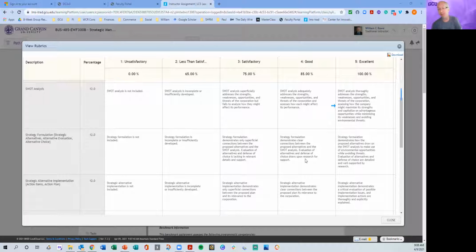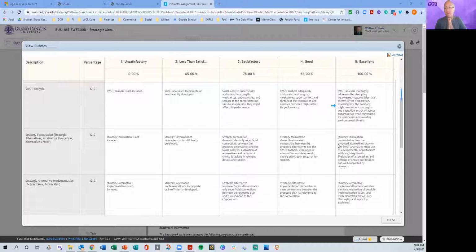You need to tell me how the corporation might maximize its strengths and capitalize on the advantageous opportunities. At the same time, you need to demonstrate to me how the company can minimize its weaknesses and avoid the external, environmental threats.